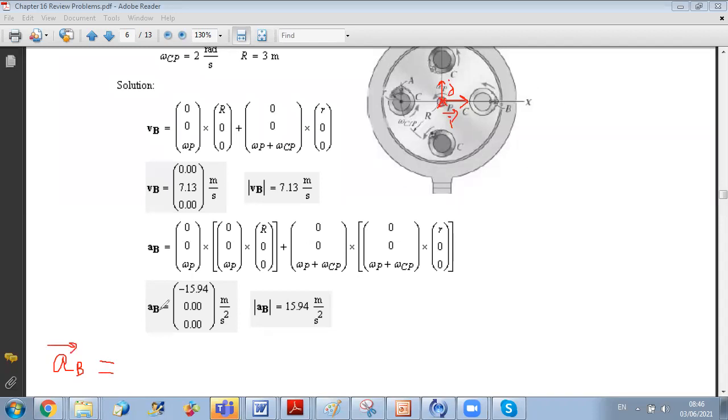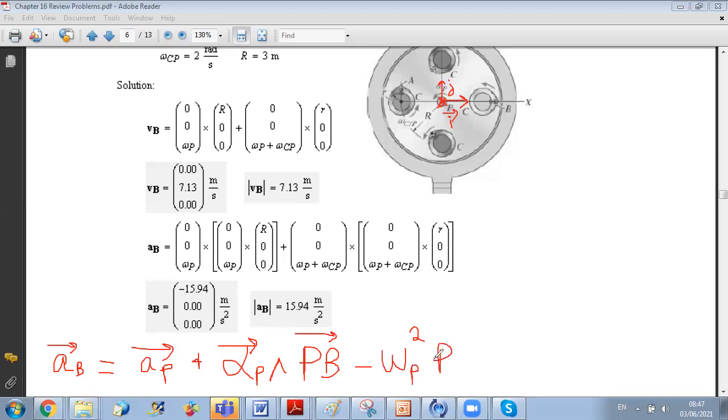It's P. So it's AP plus alpha of the rotating frame, which is alpha P, vectorial PB, minus omega of the rotating axis, which is omega P. So minus omega P square times vector PB.